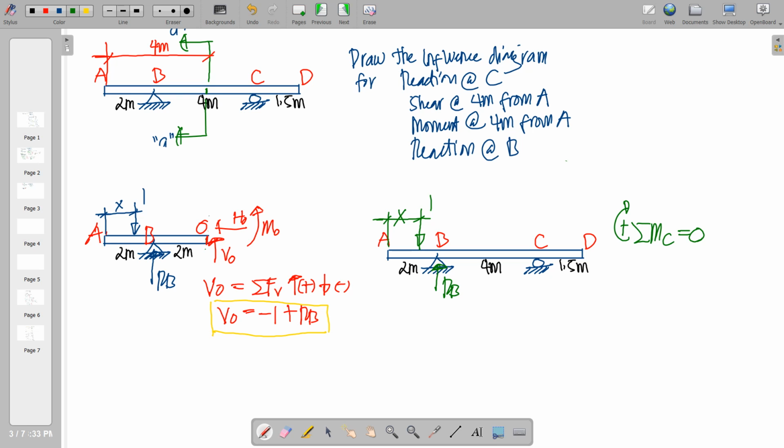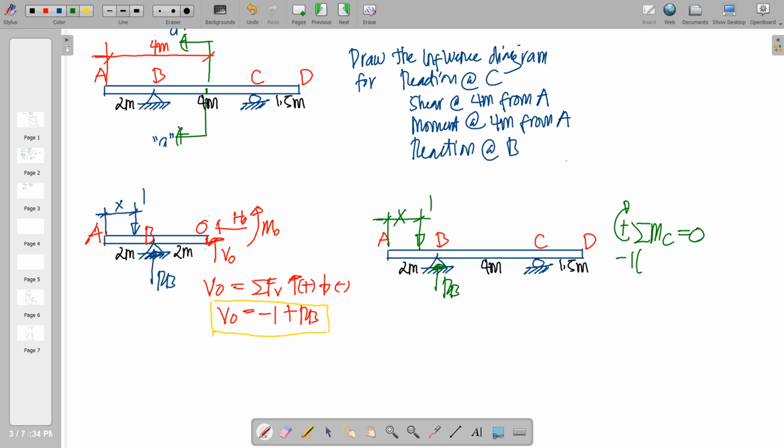So if we take moments at C, considering this setup wherein 1 is still within AB, we will have -1, that is a counterclockwise moment.